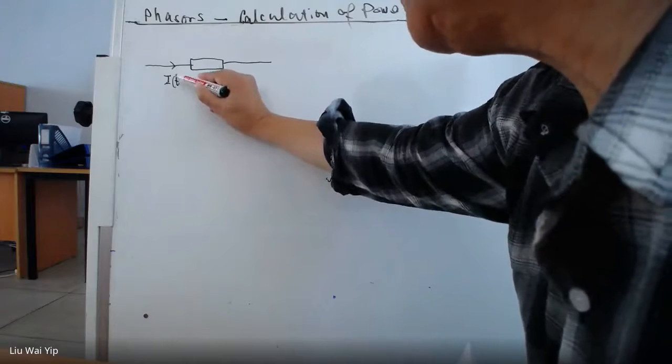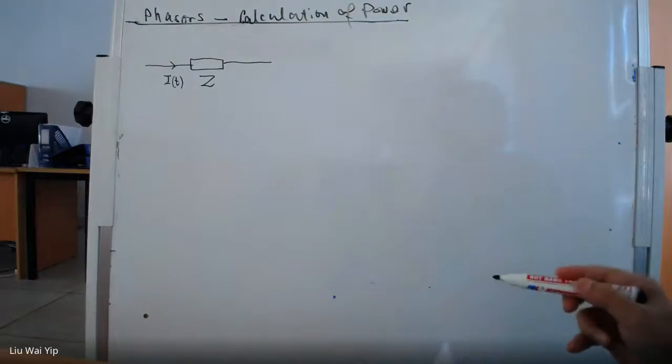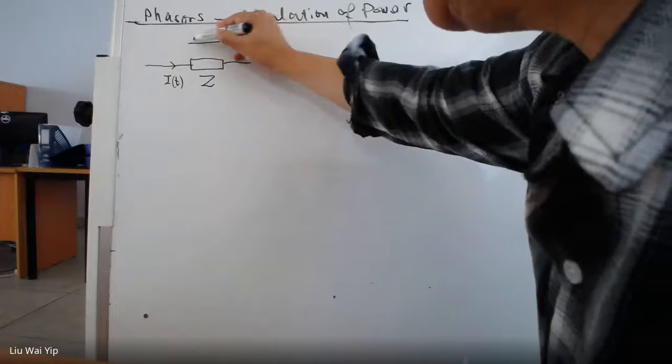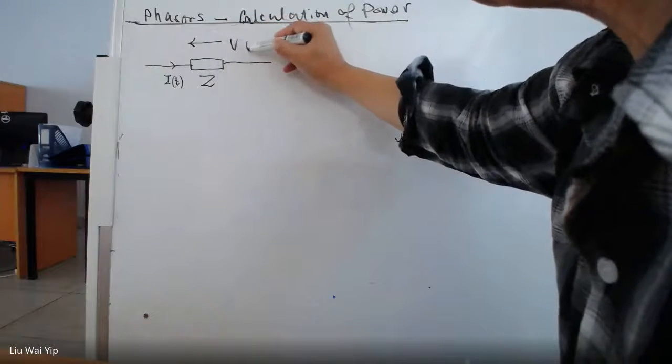The instantaneous current is I of t, and the voltage here is so-called V of t.